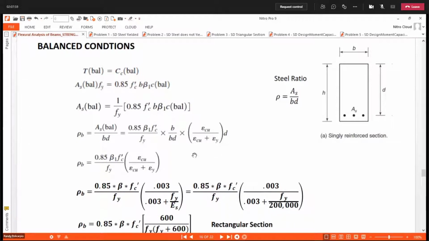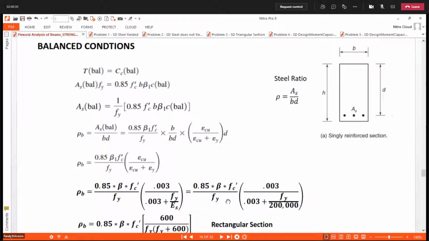Rearranging this, we have this resulting rho balance, 0.85 beta 1 f prime c over fy multiplied by epsilon cu all over epsilon cu plus epsilon y. Now, if we substitute the value of epsilon cu equal to 0.003 and express epsilon y in terms of fy over Es.